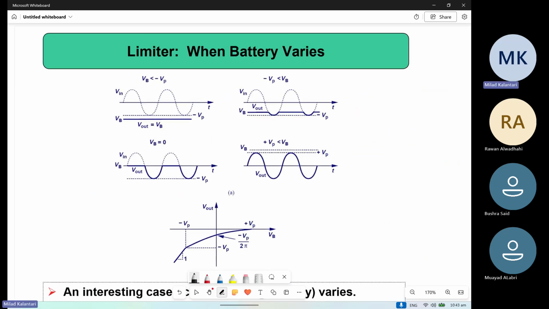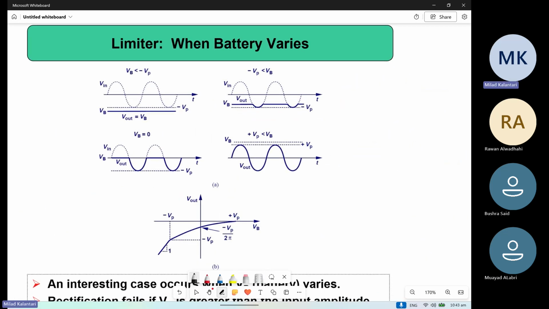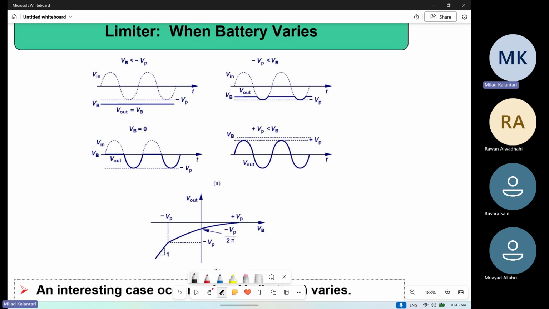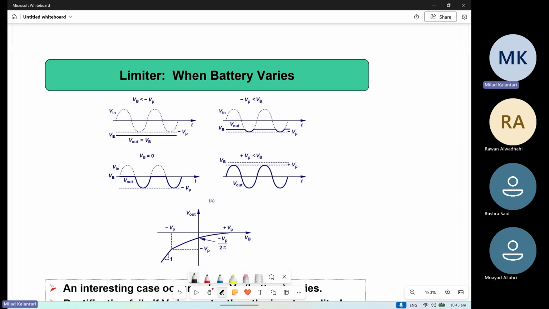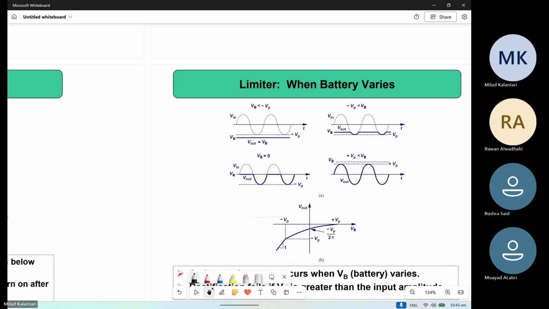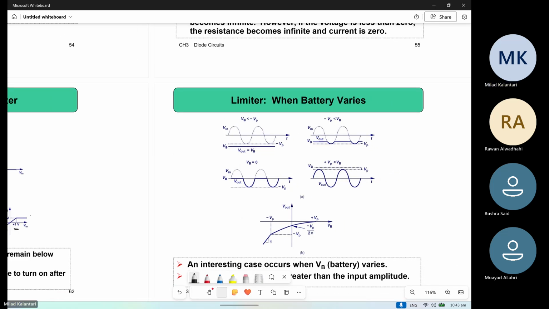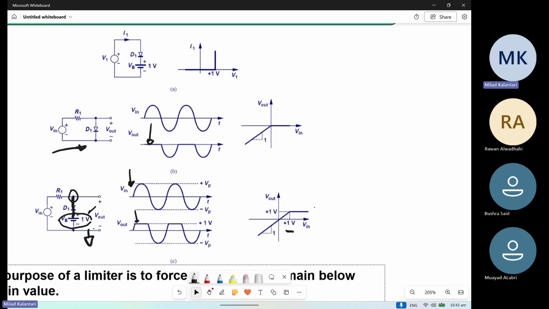So let's move on. So here is showing how this level of the clipping is changing once the VB is varying. If it's larger than, let's say, the peak amplitude of the signal, basically it is negative. So let's go back here.